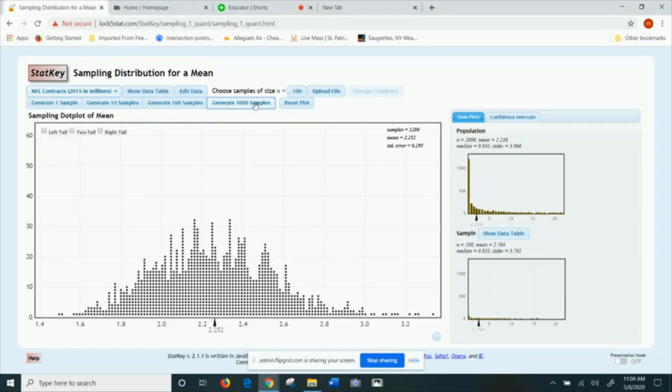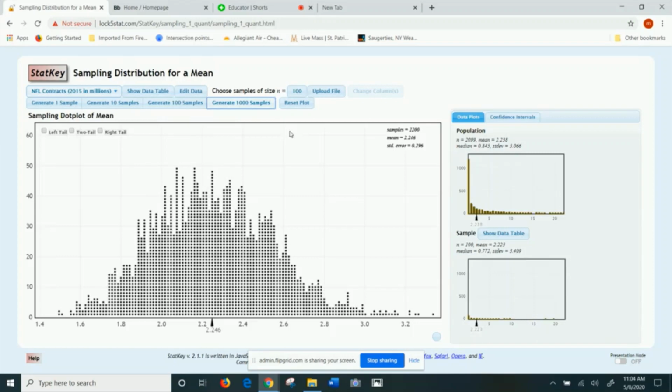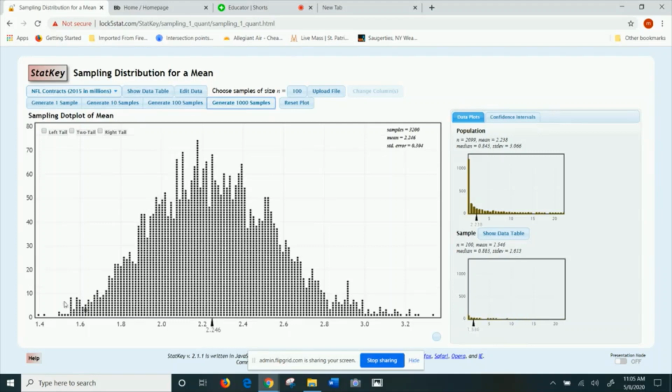Let me go one more 1,000. So we're up to 2,200 samples. This is definitely resembling our normal distribution curve. And if I want to go even more, so this shape here is a normal curve shape.